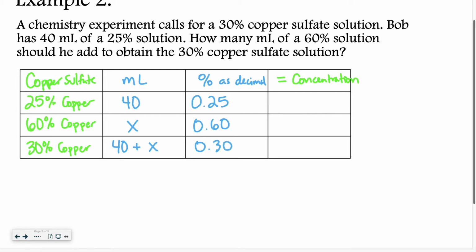Now your last column, which I forgot to mention on the last slide, is made by multiplying across. So 40 times 0.25, x times 0.60, and 40 plus x times 0.3.